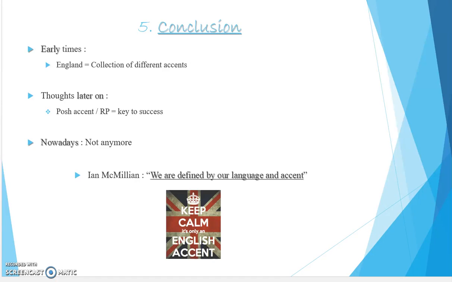But we finally know that this posh dialect means less and less something that is useful nowadays, and that speaking a dialect is as good as speaking RP, even though RP remains the language used as authority. And as Mr. Macmillan said, we are defined by our language and accents.